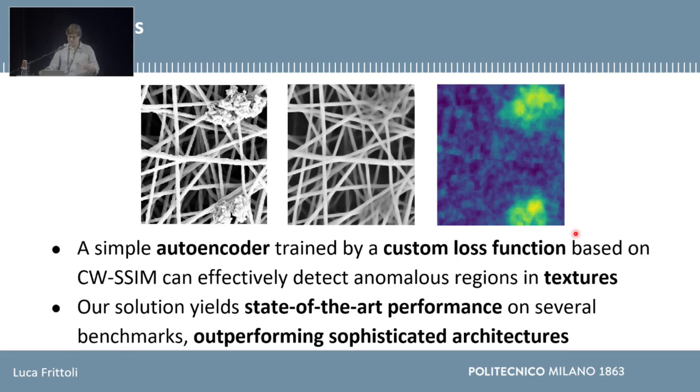So just as a conclusion, I think the take-home message of our work is that a simple autoencoder trained by an appropriate loss function can effectively detect anomalous regions in textures, and in particular using complex wavelet structural similarity substantially improves the detection performance compared to the mean squared error.